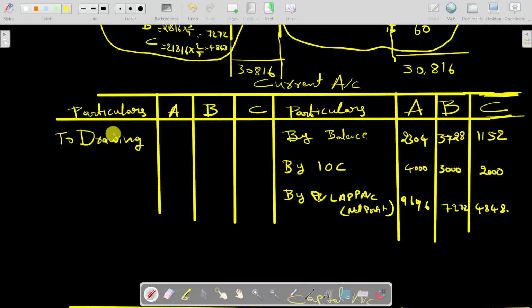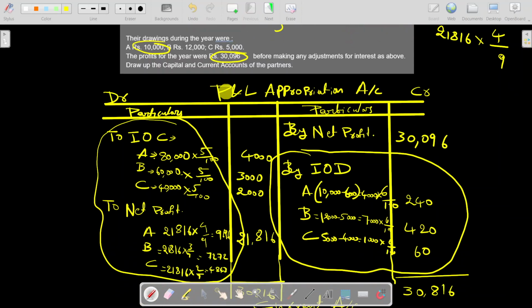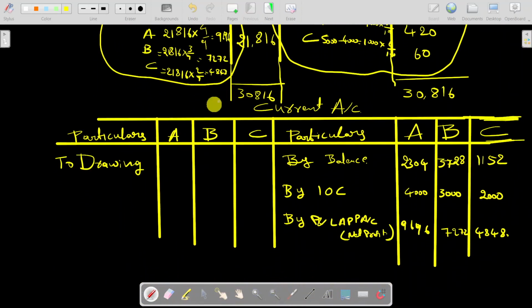How much drawings they have, they are taking how much drawings. A is taking 10,000, B is taking 12,000, C is taking 5,000.